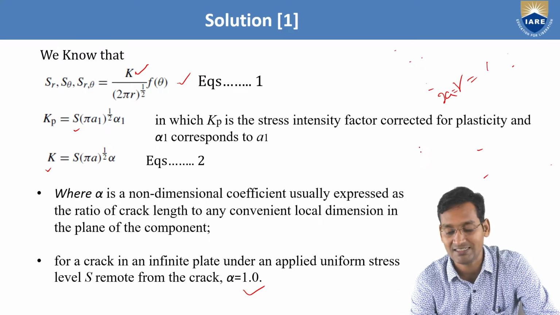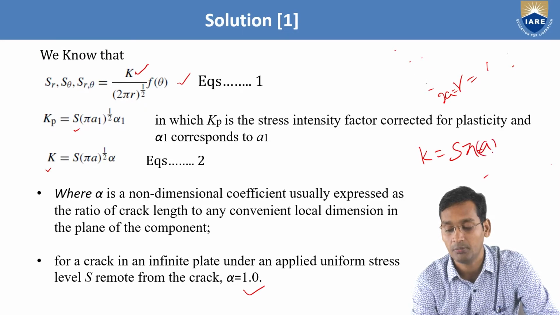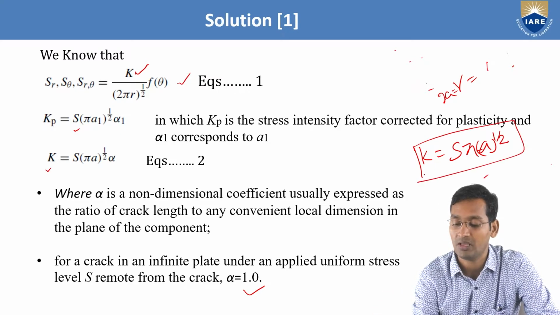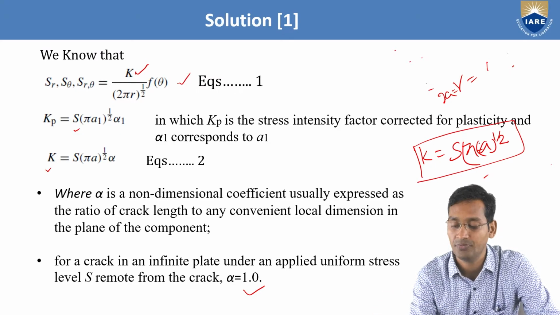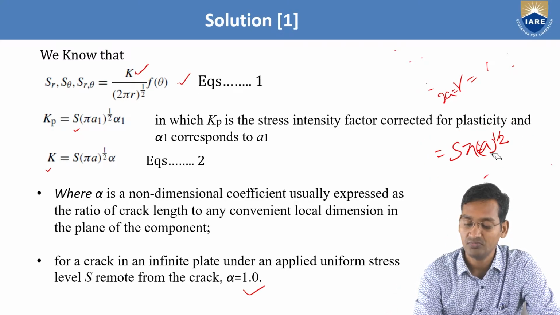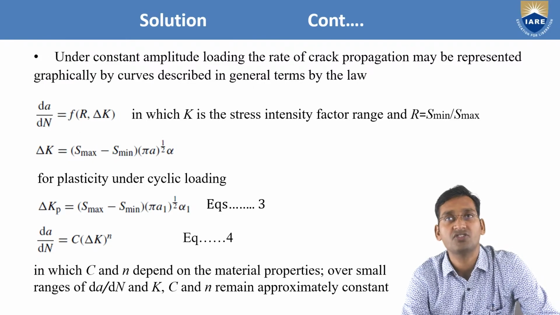So what we will get is K equals S pi A to the power 1 by 2. Now, under constant amplitude loading, the rate of crack propagation may be represented graphically by the curve prescribed in general terms by the law.